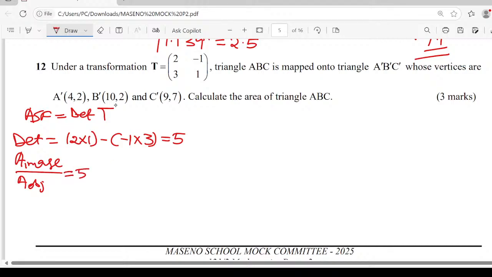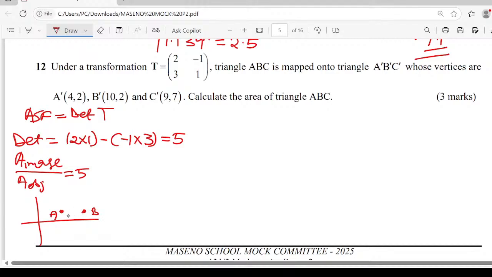So let's see this. How are we going to get the area of our image? To get the area of our image, maybe if I give a sketch, I have this as my Cartesian. I have A at 4, 2. This is A. B at 10, 2.